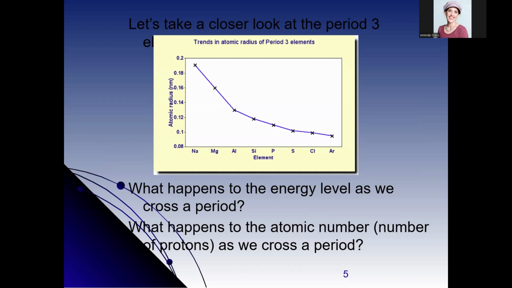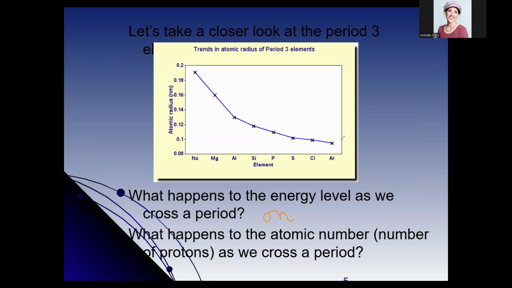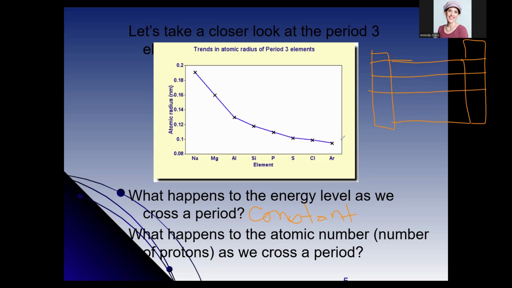Well, what happens to the energy level as we go across the period? It's actually staying the same. The energy level is remaining constant because all of these, remember, if we have our periodic table here, we have our first period, our second period, our third period.